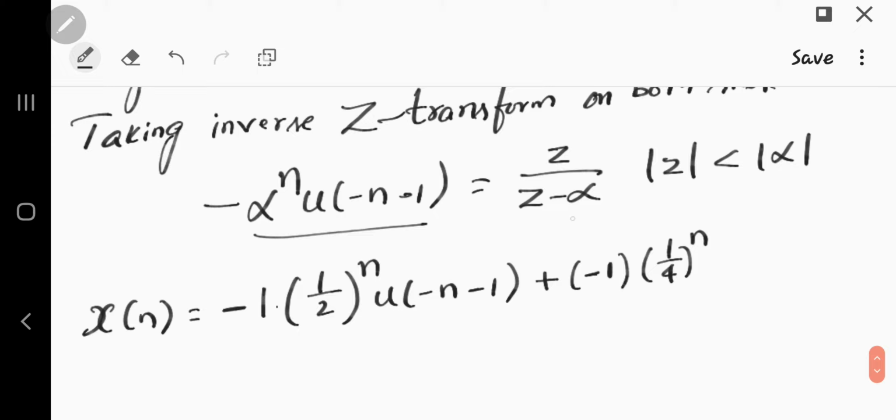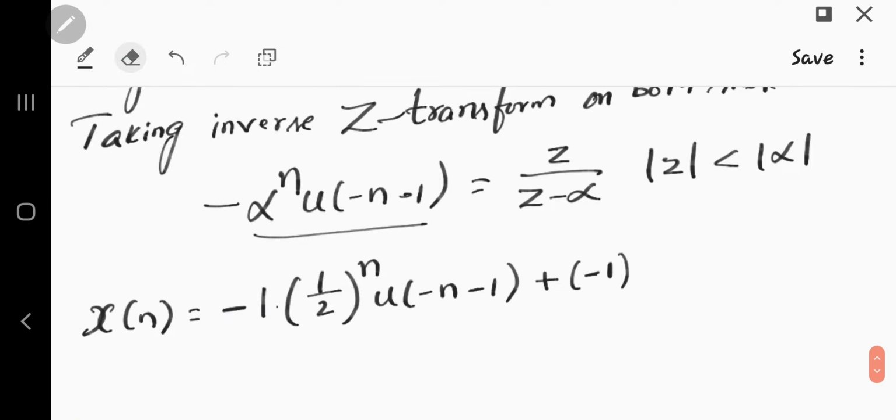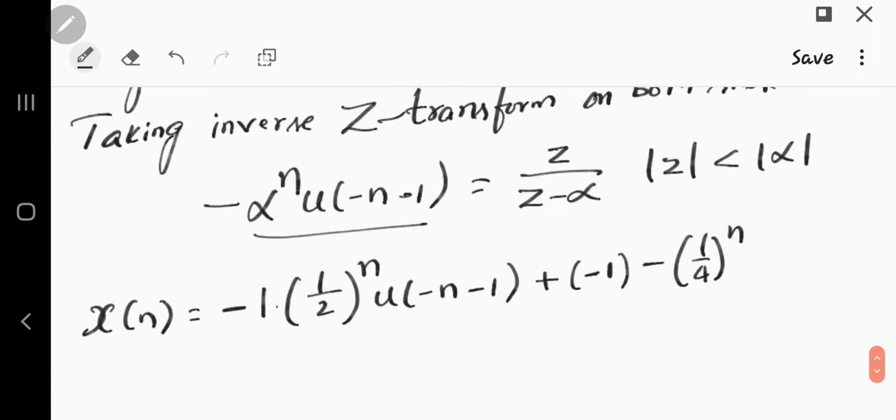This value is the minus value that we have to take, minus 1 by 4 to the power of n. Or you can just multiply this minus and this minus, we can just write minus into minus, plus here, into u of minus n minus 1.